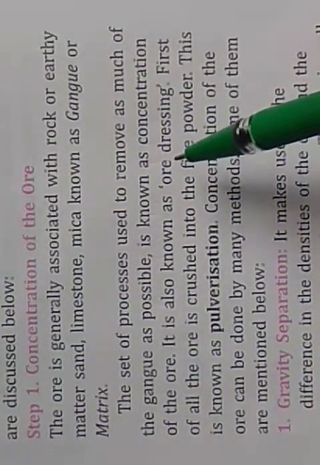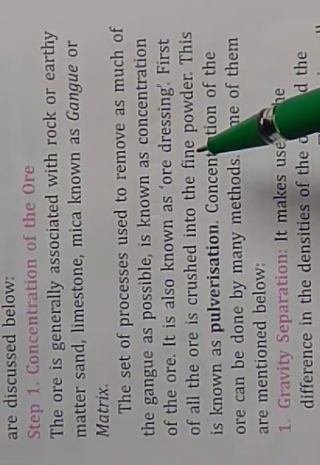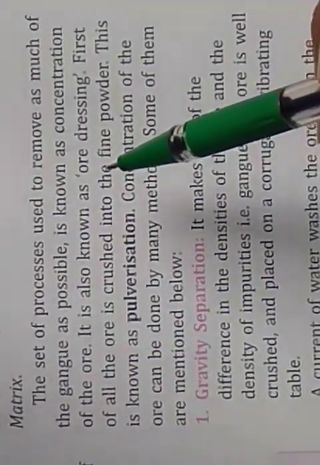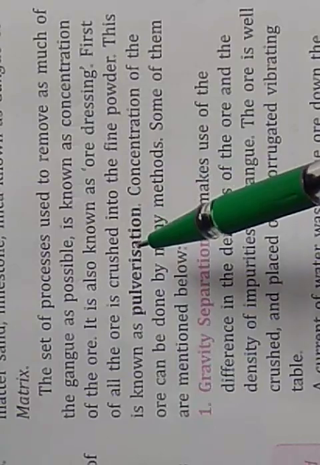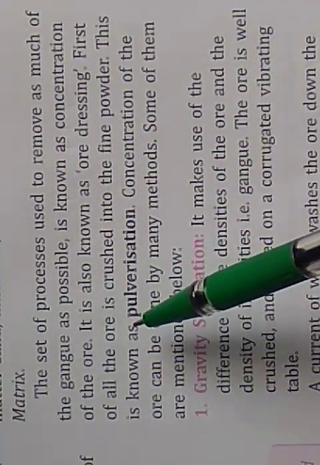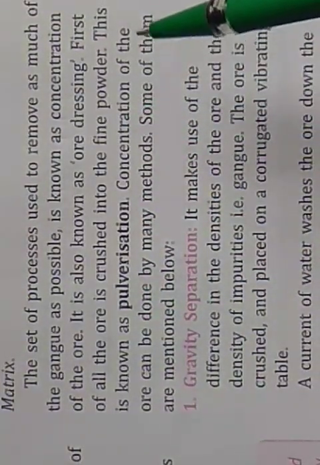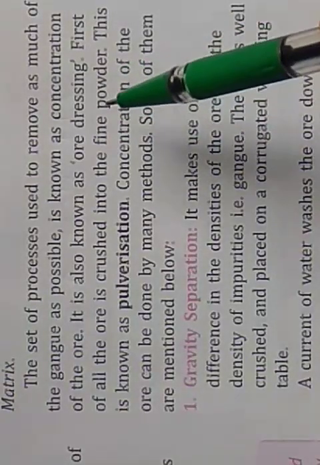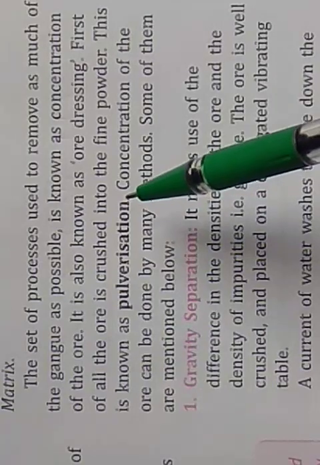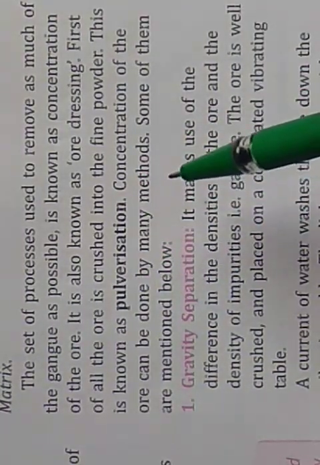That is the purpose of the concentration of ore. First we collect the ore from the earth's crust, which has big lumps of ore. After collecting the ores, we crush the ore into fine powder, and that process is called pulverization.